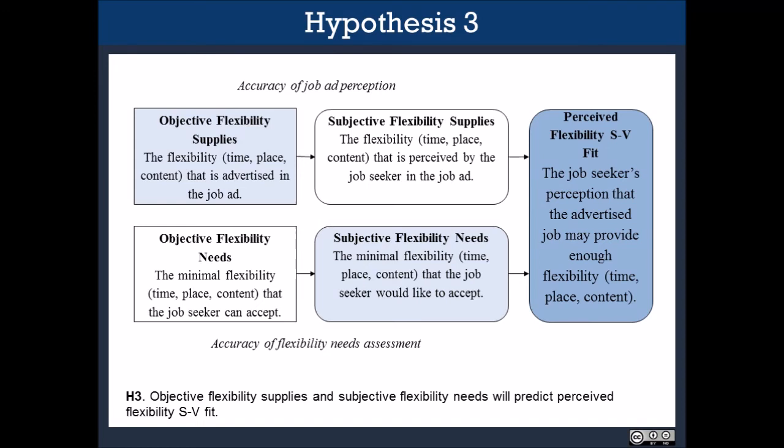Now this hypothesis will answer the research question, because we can ask the job seekers about the flexibility they need before, when they register on the website, for instance. And then if this hypothesis is supported, we will be able to predict perceived fit with the content of the job ad combined to this preliminary questionnaire. So the research question and the industry problem will be solved because we'll be able to predict fit without direct measures related to specific job ads.